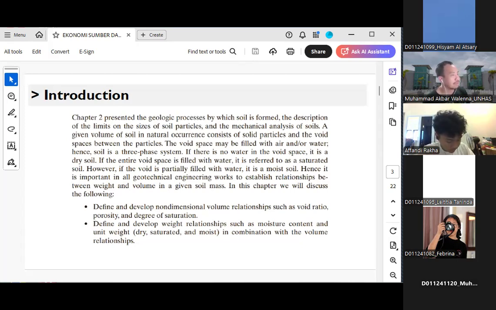So, for example, when it comes to the strength, when we don't have any water left inside the three-phase system, what we have left is only air and solid grain.